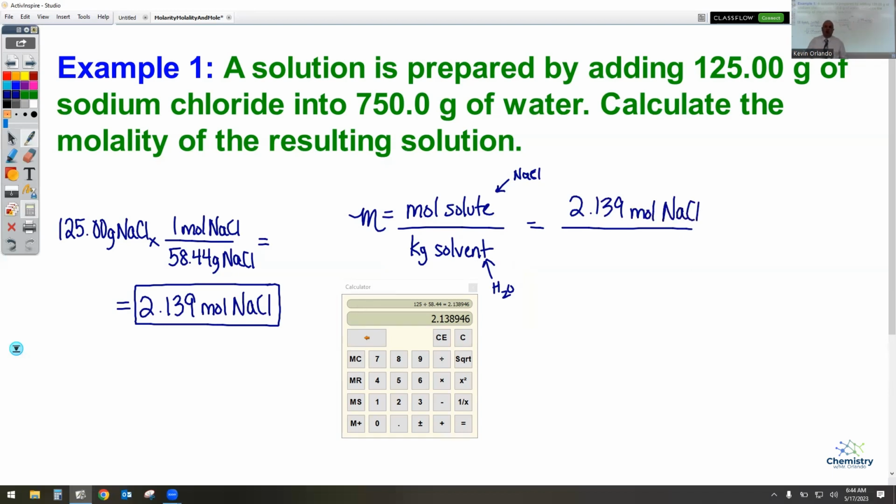The denominator, remember, is our kilograms of solvent. Well, our solvent is water, and the problem tells us that we have 750 grams of water. Remembering, of course, the number of grams per kilogram, we're going to divide by 1,000.